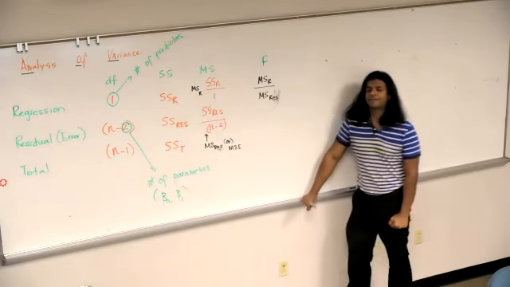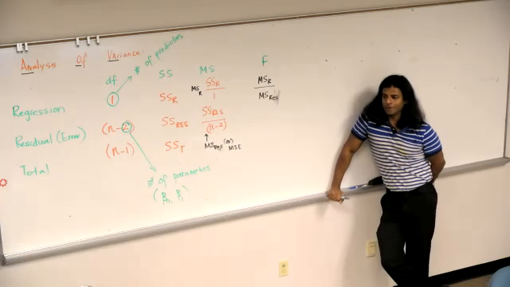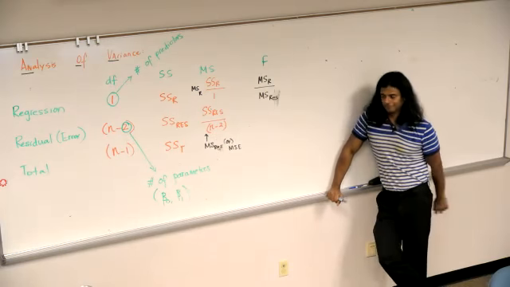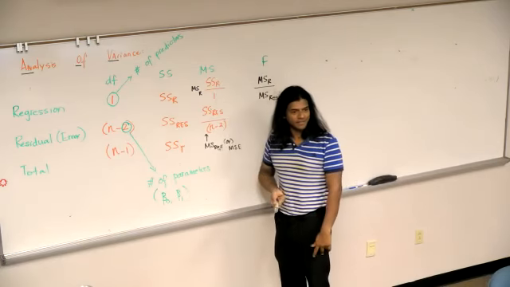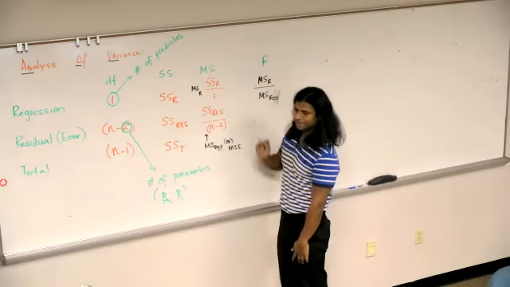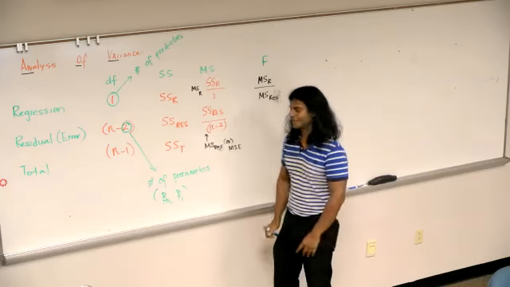Could F ever be negative? Dennis says no. You're summing squares. A square cannot be negative, yes? So you have a positive number divided by a positive number, and the result is always positive.